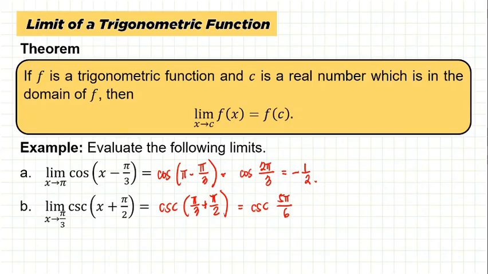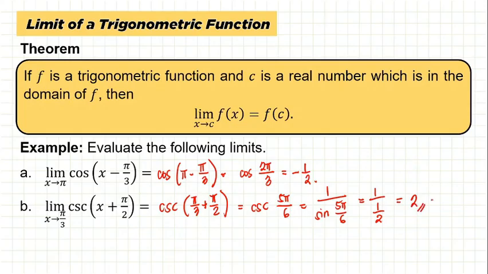And cosecant is the reciprocal of sine. So we will have 1 over sine of 5 pi over 6. The sign of sine in quadrant 2 is positive, and our reference angle is pi over 6, and sine pi over 6 is equal to 1 half. So we will have 1 over 1 half, and this is equal to 2.